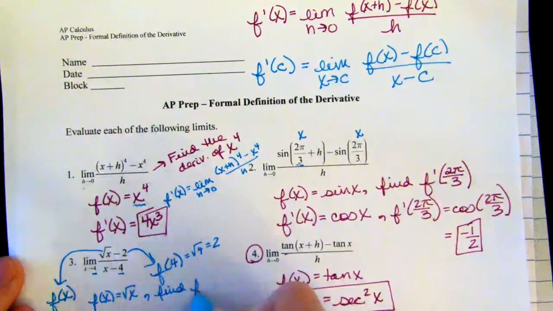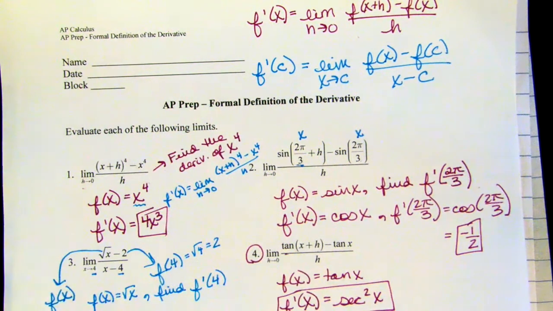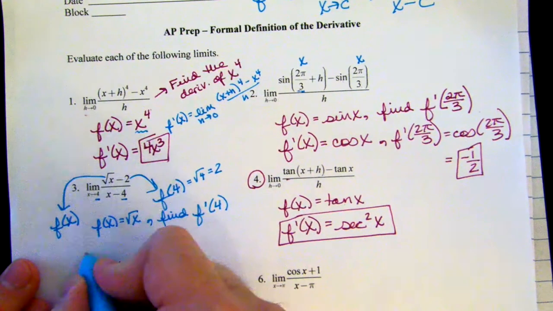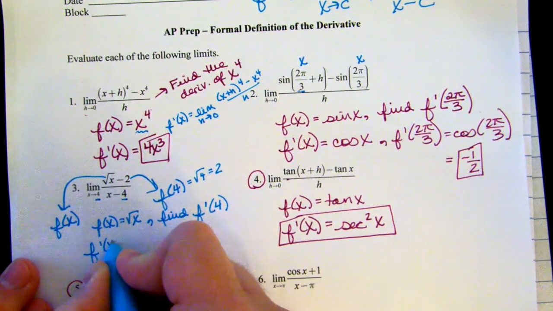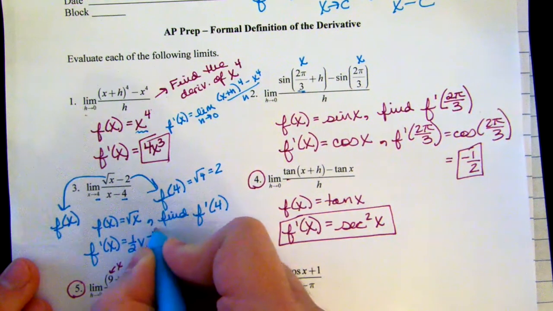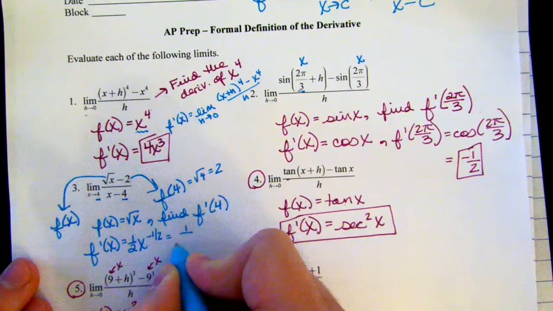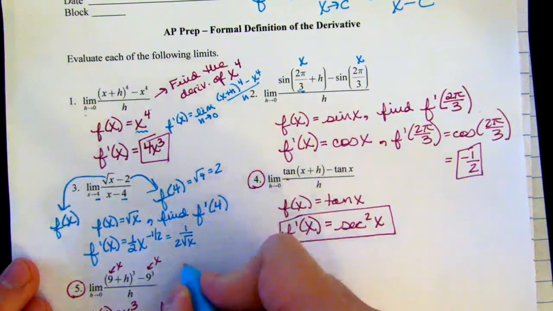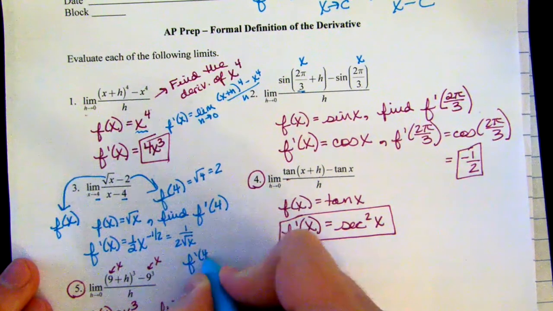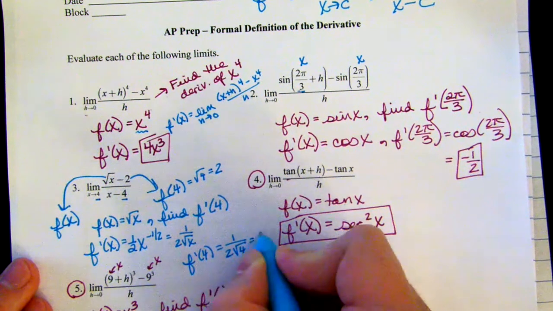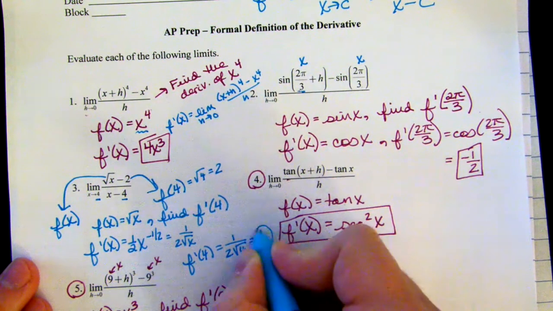I want to find f prime of 4, the derivative when x equals 4. F prime of x is going to equal 1/2 x to the negative 1/2, or 1 over 2 root x. So f prime of 4 is going to equal 1 over 2 root 4, 1 over 2 times 2, 1/4.